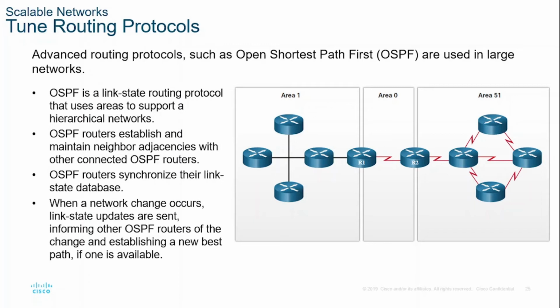OSPF routers establish and maintain neighbor adjacency with other connected OSPF routers. OSPF routers synchronize their link state database. When a network change occurs, link state updates are sent informing other OSPF routers of the change and establishing a new best path if one is available. So the figure illustrates the use of routing protocols in large networks.